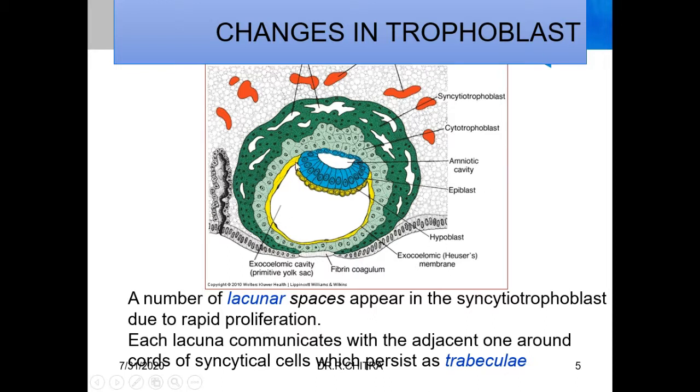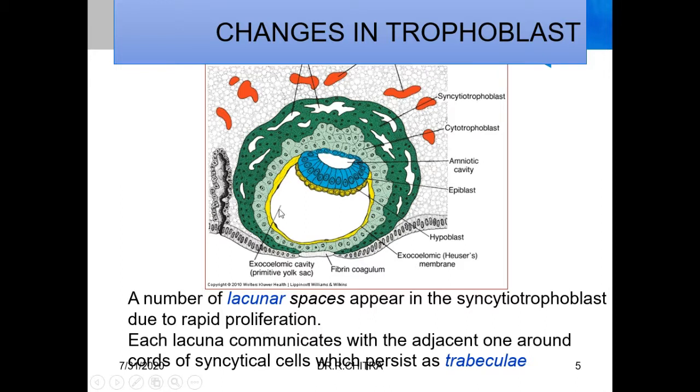The syncytial trophoblast proliferates into a multi-layered and multinucleated protoplasmic mass, and this is advancing towards the decidua basalis. Meanwhile, the cytotrophoblast differentiates, and this is the inner layer of primary mesoderm or extraembryonic mesoderm.